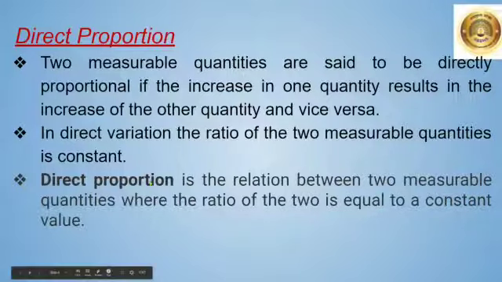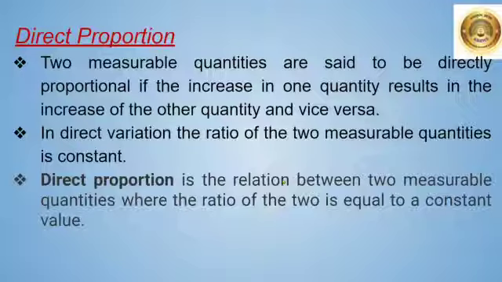Now in direct variation, the ratio of the two quantities is a constant. Also, direct proportion is a relation between two measurable quantities where the ratio of the two is equal to a constant value. Now let us understand this using some examples.